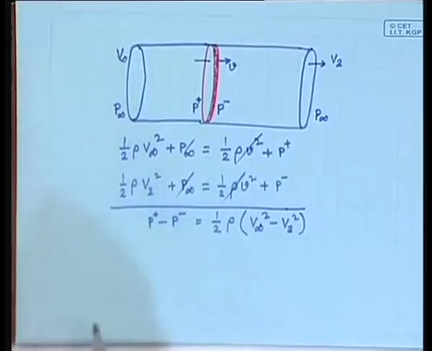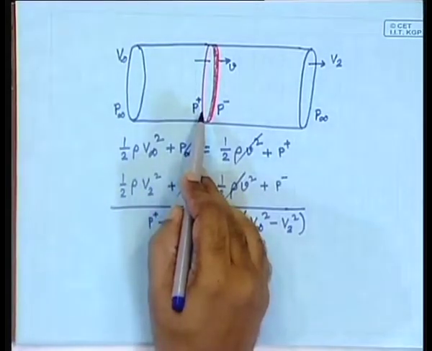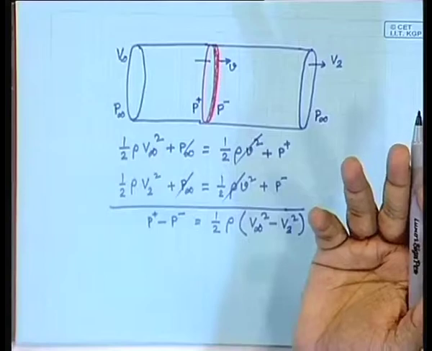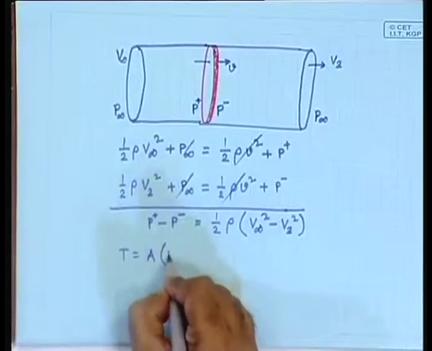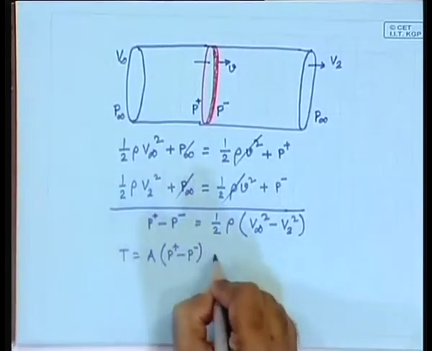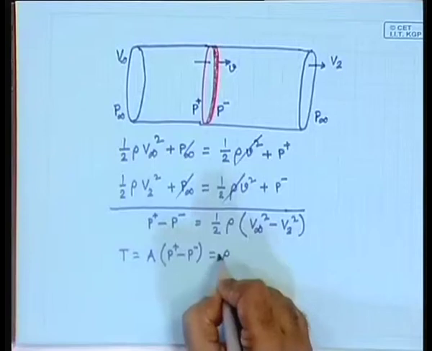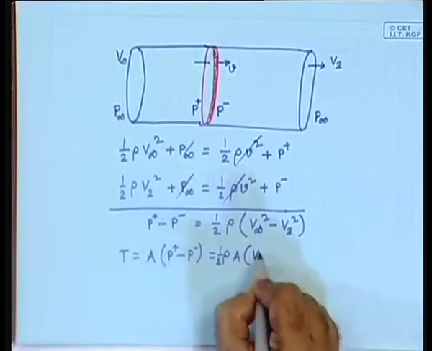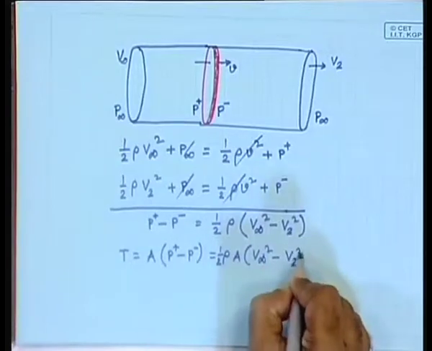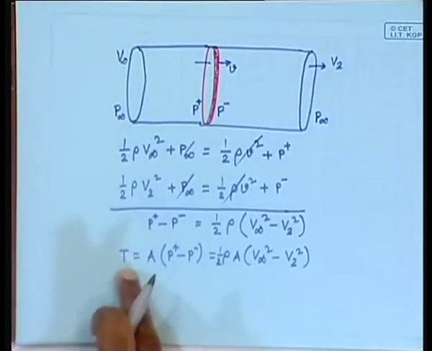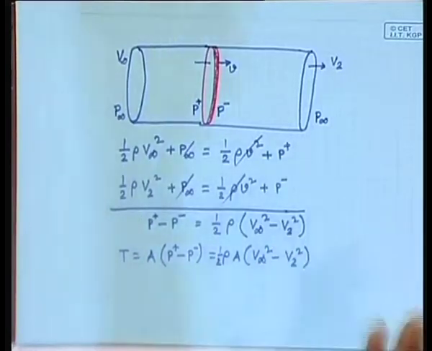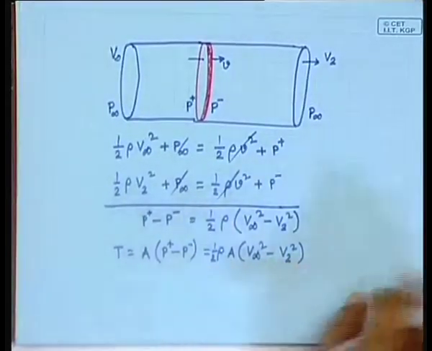If the pressure difference is known, then what is the thrust? Thrust is pressure difference times area. So, thrust is A times P plus minus P minus, which is equal to half rho A times v infinity square minus v2 square. The thrust is also given by the change of momentum, right. So, we have got one expression for thrust like this.